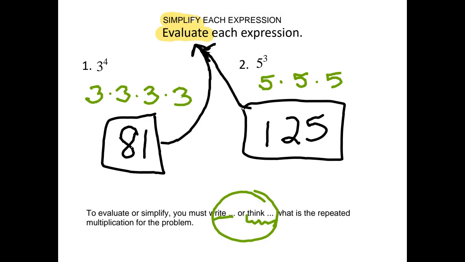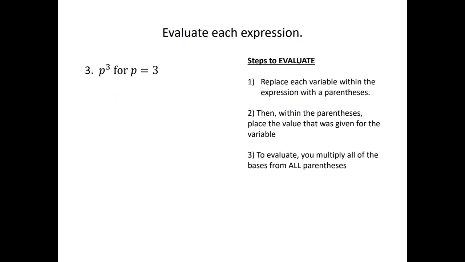Now, I want you to know that these 2 problems have numbers. But are you always going to have numbers? Nope. Just like this next problem. And notice I was really nice and gave you some steps in case you wish to use them.